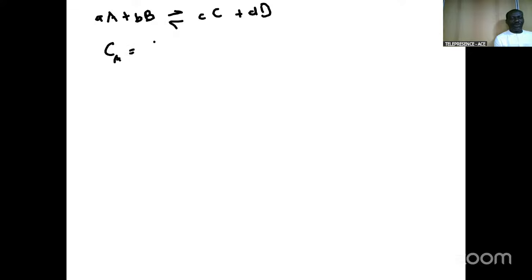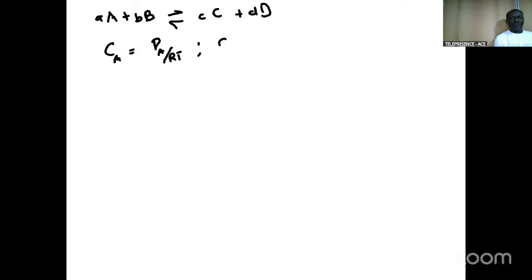Now this is what I'm trying to explain. Let me write the equation. So we have aA plus bB at equilibrium with cC plus dD. Now let's say the concentration of A will be equal to PA over RT.